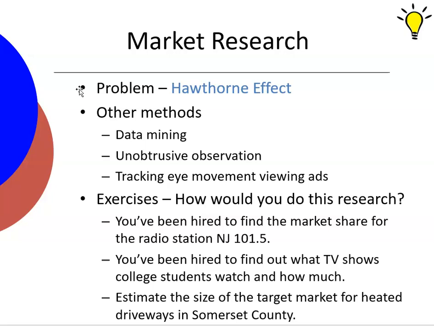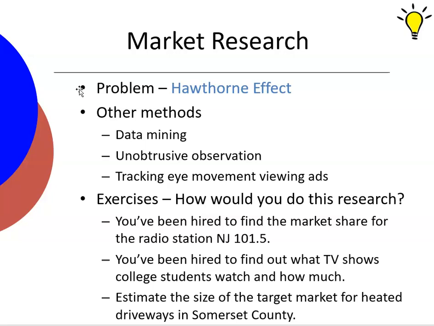Think about it at work. If your boss is around, your behavior might change. You might not goof off as much. You might be a little more productive when your boss is watching. Same thing when people fill out surveys. If they think people know what they're filling out, they're going to give you less than candid answers.